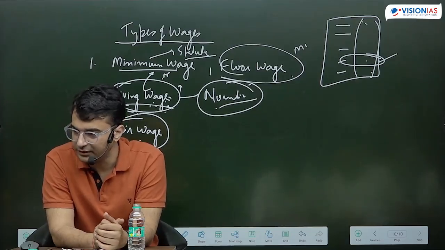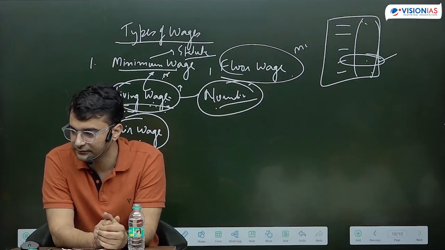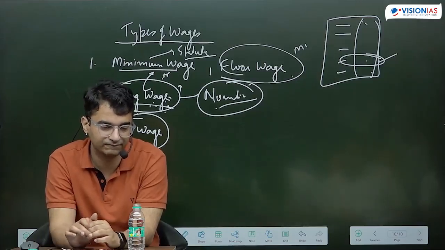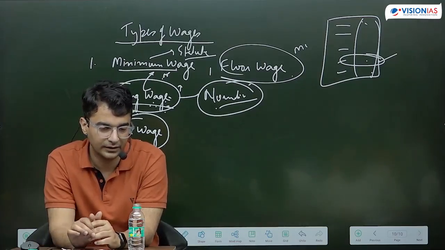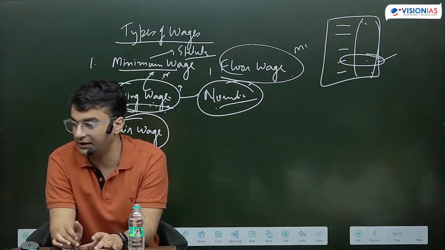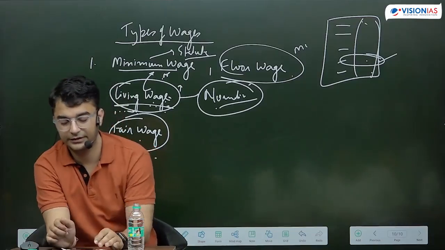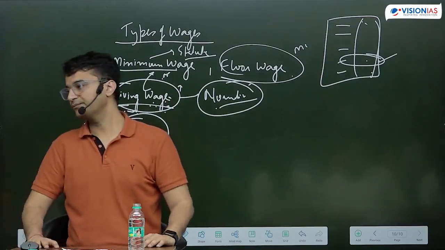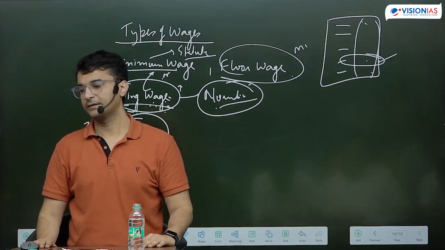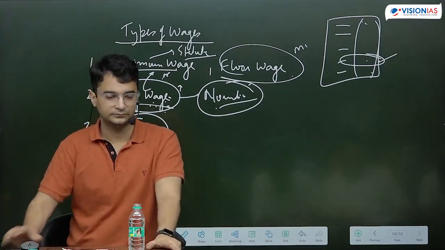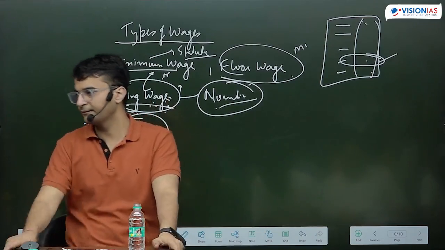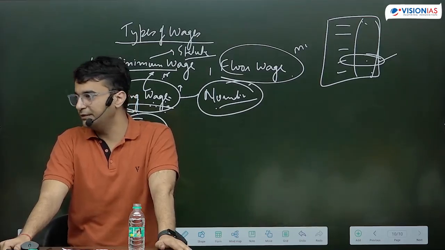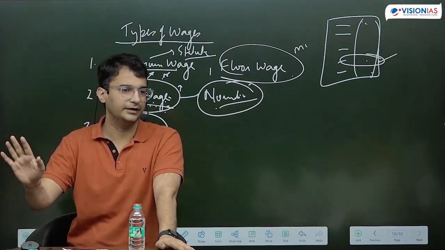Conceptually, it lies somewhere between the living and the minimum wage. Okay, the three wages are clear now. Minimum, living and fair are clear.